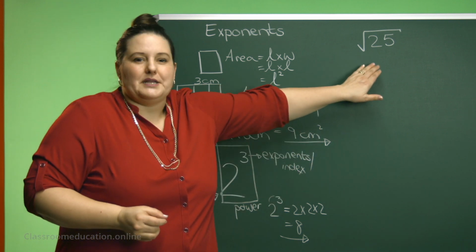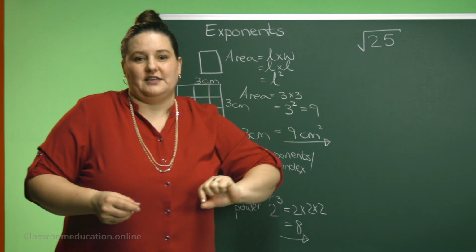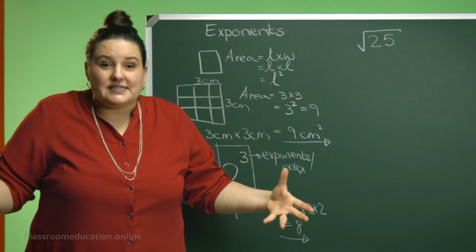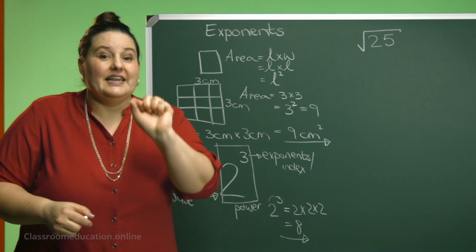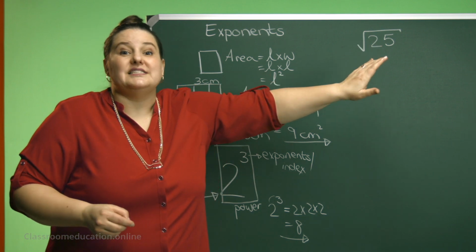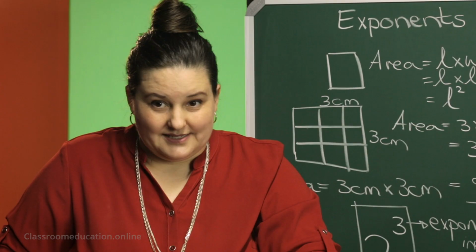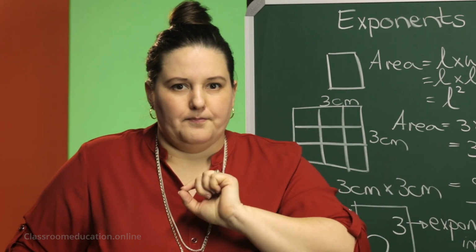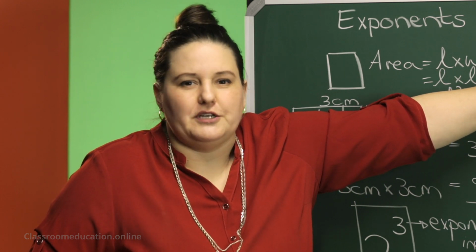That is what it means. If I am giving you the square root of 25, I'm asking you to determine the length of a side if I have a big square consisting of 25 little squares. Just one thing: there's actually a hidden 2 there that we don't write.